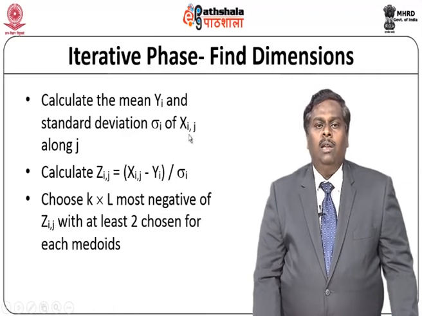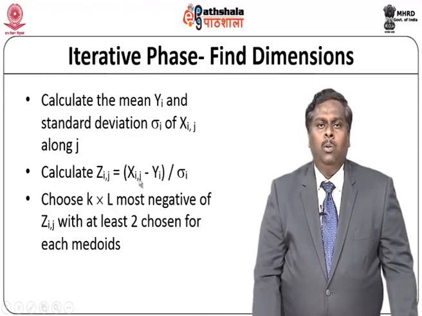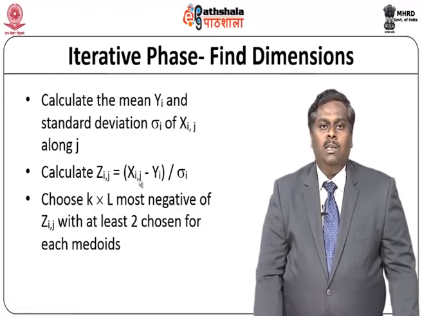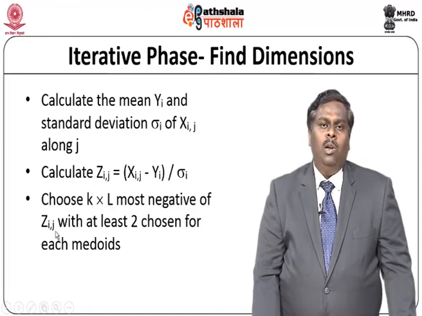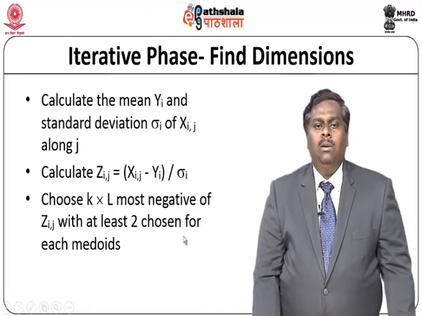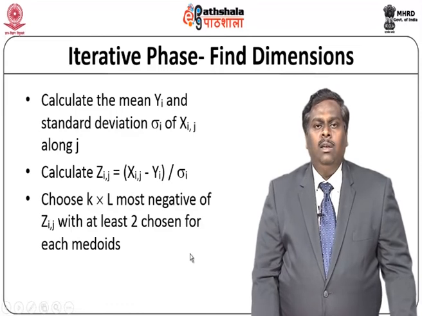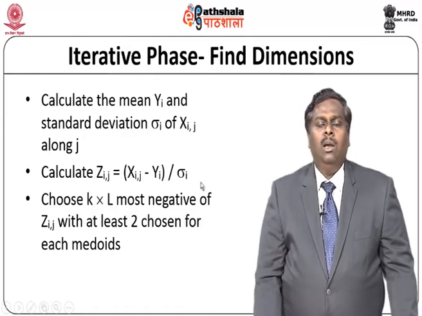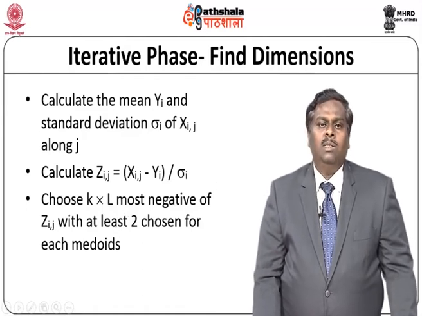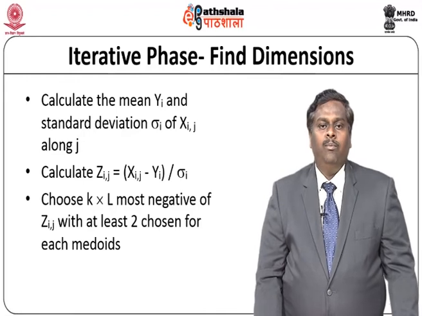Then you will have to calculate the variance z with respect to the dimension xij. Then you will have to choose the dimensions which are most negative with respect to the given variance zij. So, normally we choose the least 2 negatively applicable dimensions. In this phase we are trying to identify those dimensions that are very close to the given set of points and the given medoid.